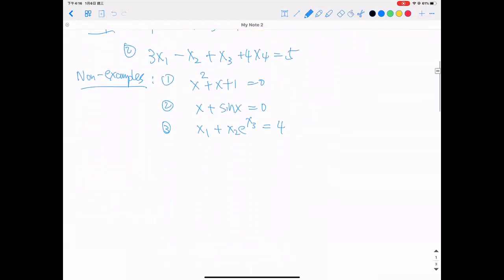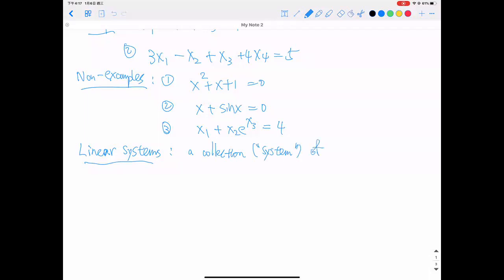Now, not only that, we want to study this thing called linear systems. And these are just a collection, or as we call it, a system, of linear equations.